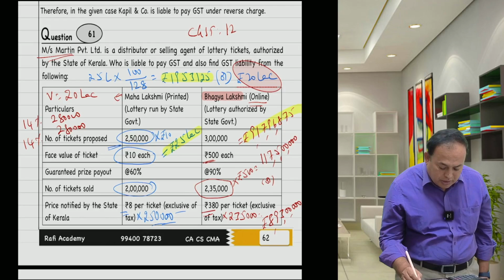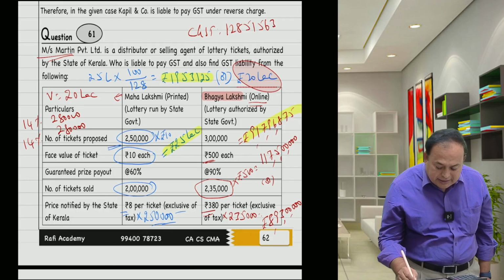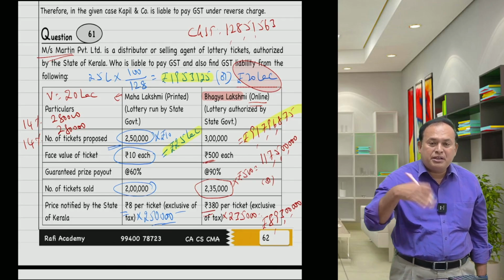Yes, 1 crore 28 lakhs 51,563. Rounded off to the nearest rupee, 50 paise and above rounded up.